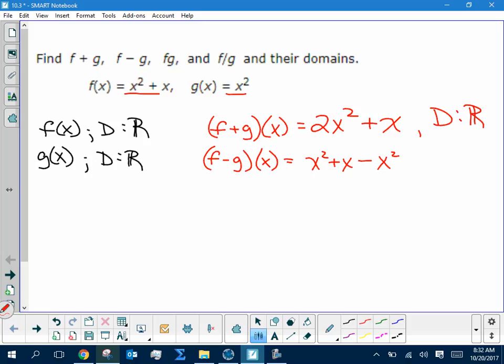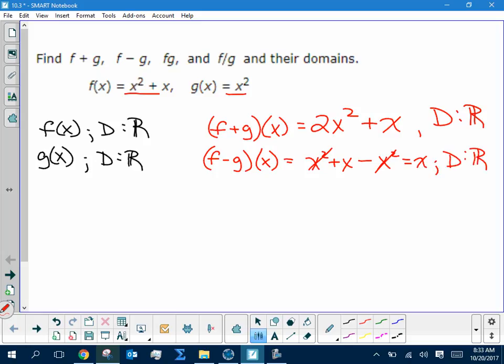If you're missing this, it's something to always pay attention to. So when these get subtracted, don't the x squareds cancel out? These will be just x. So f minus g of x is just x. The domain, again, is all real numbers.